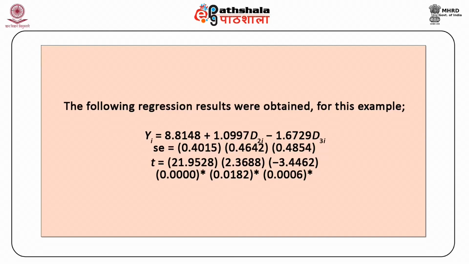Y represents hourly wages in dollars. D2 is the dummy for married status. When its value is 1, it represents married. When its value is 0, it represents otherwise. D3 is the dummy for region of residence. When its value is 1, it represents South. When its value is 0, it represents otherwise.